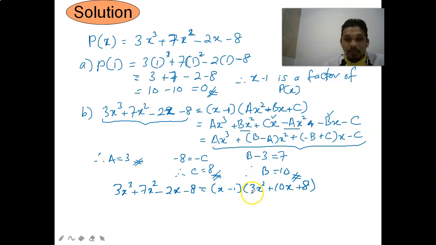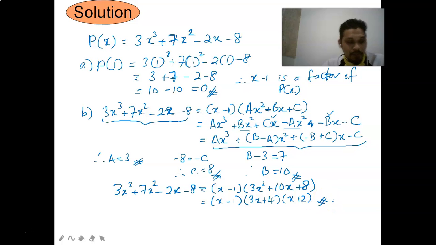Okay, so you may use the calculator or just think of how you are going to factorize this, using factorization or using the formula. So I give you the answers here: x minus 1, then the next linear factors are 3x plus 4 and x plus 2.